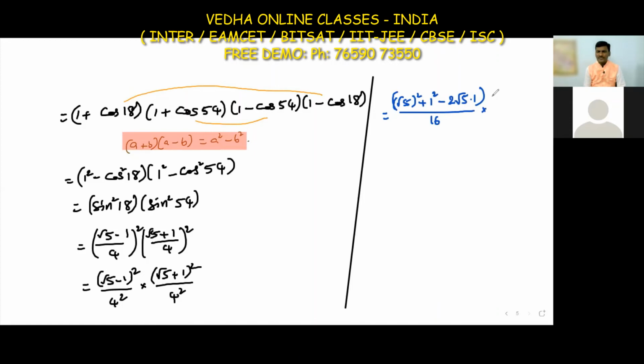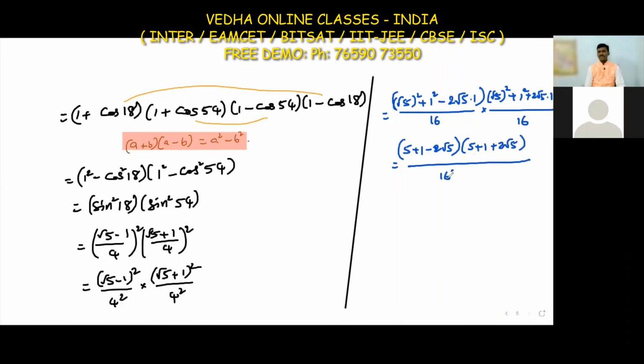And root 5 plus 1 whole square is a square plus b square plus 2ab, that is 2 root 5, divided by 4 square which is 16. So root 5 whole square is 5, plus 1 minus 2 root 5, and here also 5 plus 1 plus 2 root 5, whole divided by 16 into 16.